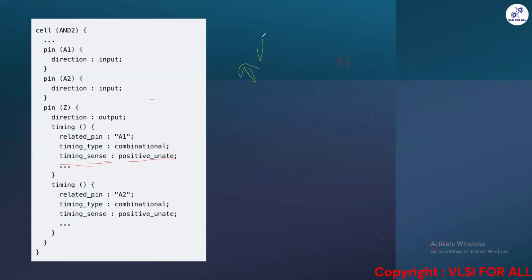What does a buffer do? Whatever your input is, it replicates. If your input is rising, you will always have a rising output; if falling, a falling output. So a buffer is going to be simple, positive only. An inverter is going to be definitely negative only.